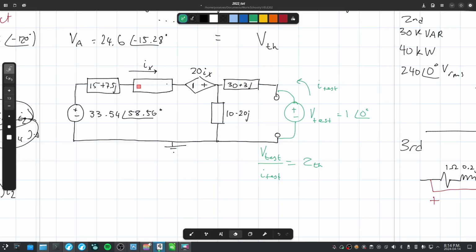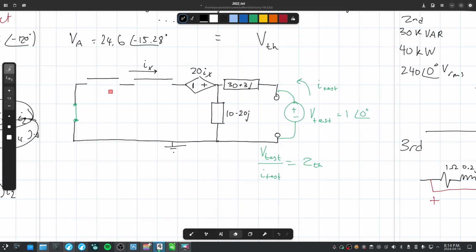We're going to combine these two, and because we're finding ZTH, we have to remove all of the sources. We have a voltage source here, so that's going to become a closed circuit. So this is closed circuit.